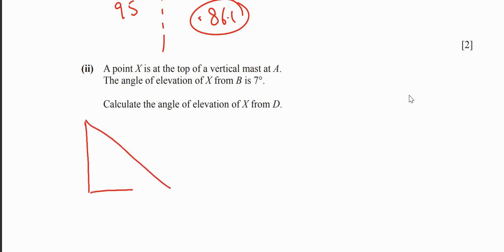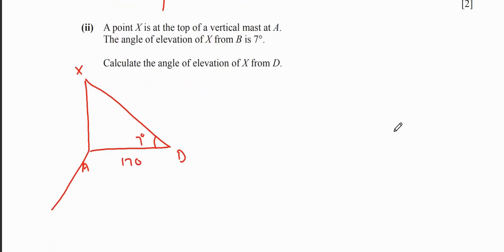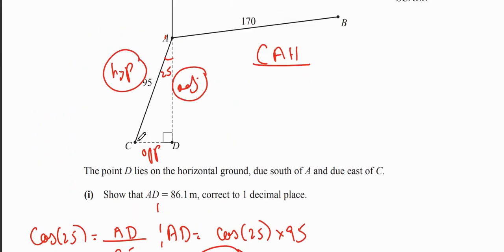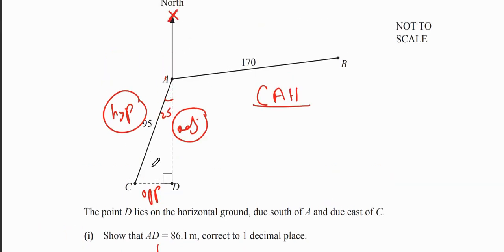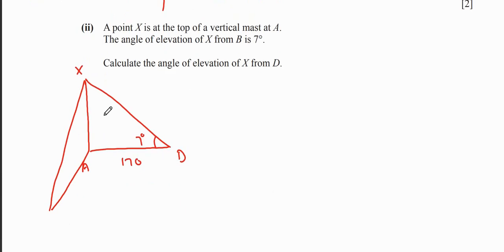Let me make it X, A and D. This is 7 degrees. This is 170. And then we continue down here to C and X.